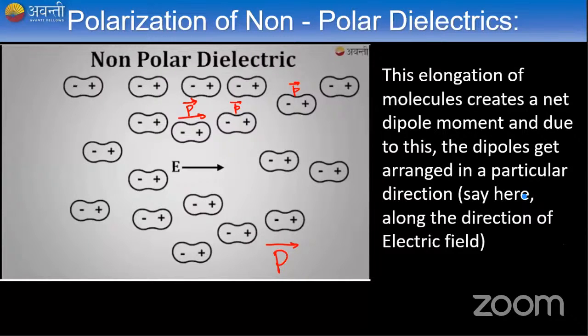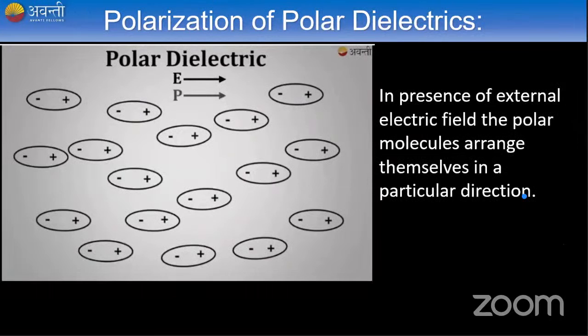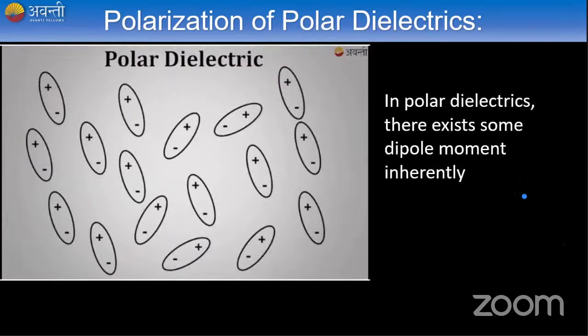Yes, thank you. So next part is dielectrics or polarization, polar dielectrics. What happens in case of polar dielectrics? In the case of polar dielectrics, there exists some dipole moment inherently, before we apply any electric field at all. The dipole moment is always along the negative charge to the positive charge.